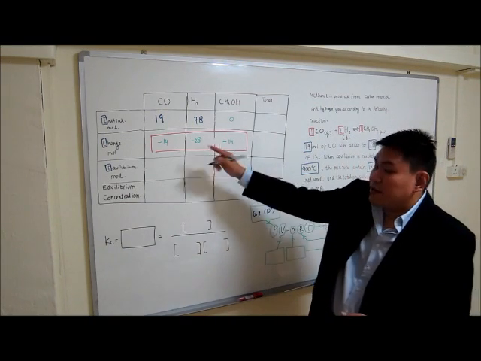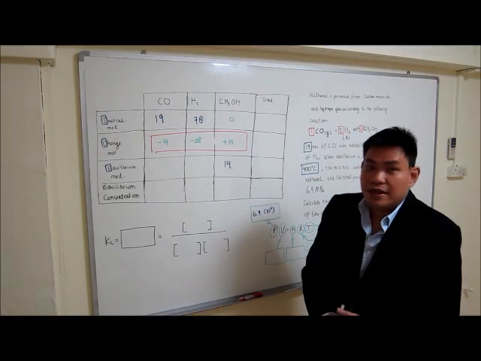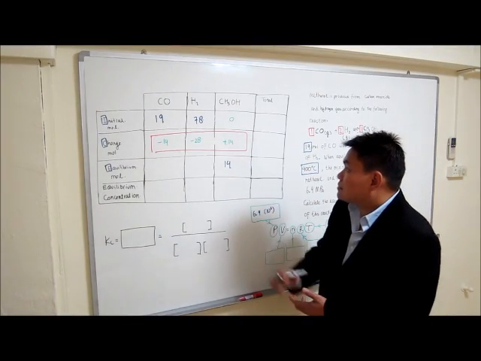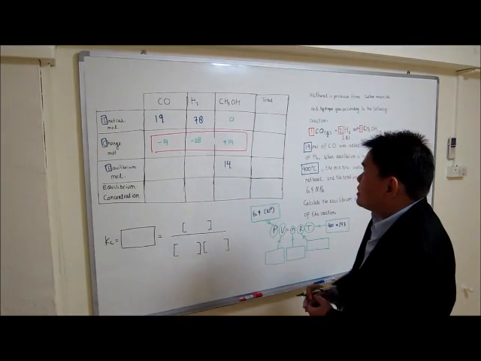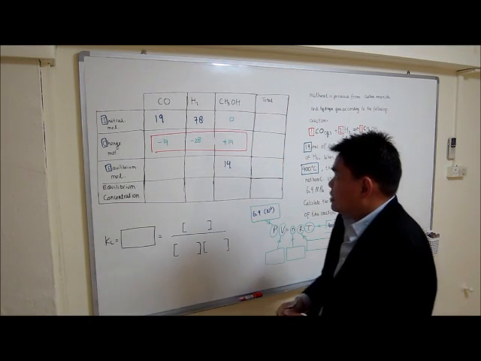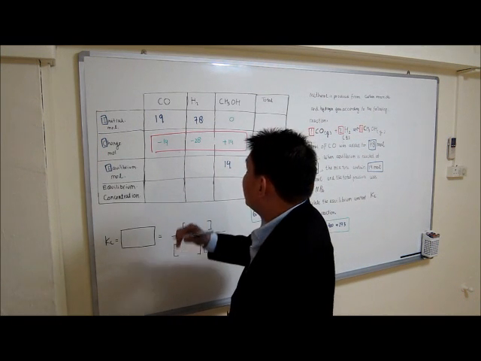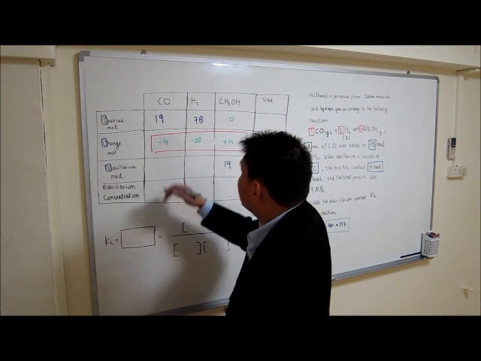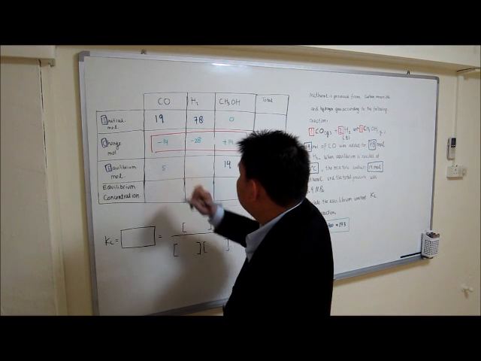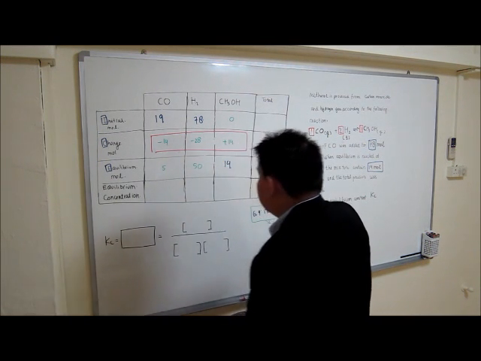Don't forget to put the negative sign, because both carbon monoxide and hydrogen gas are reactants. So you must put minus in front of the number. And you can calculate the equilibrium mole. I think this is the same as yesterday. So you have 5 mole here and 50 mole there.